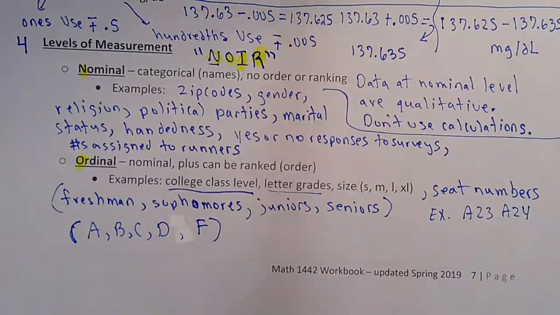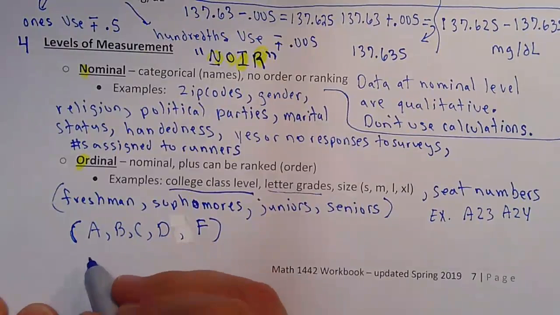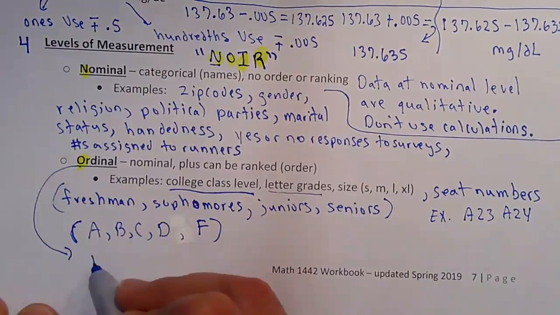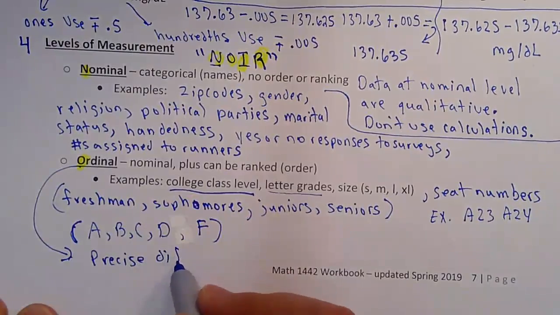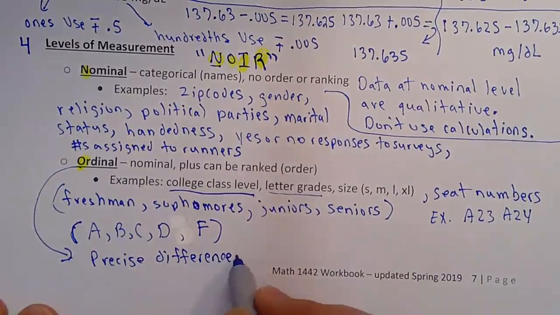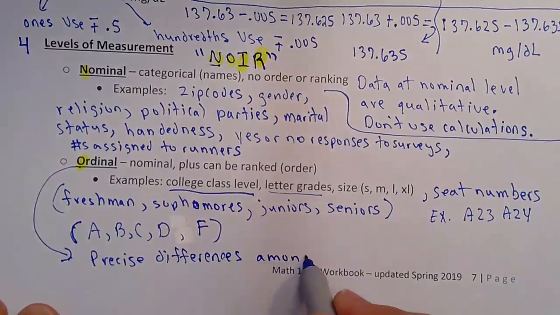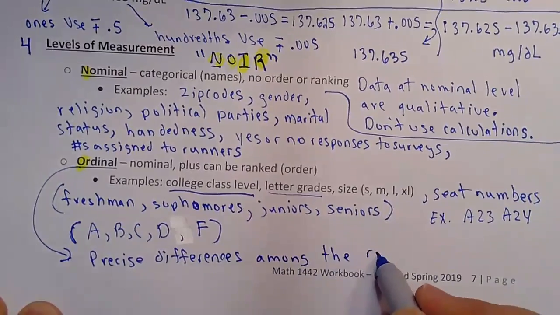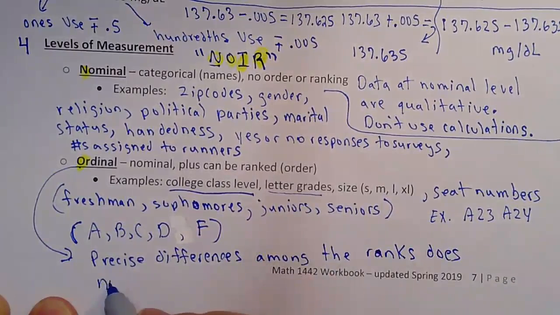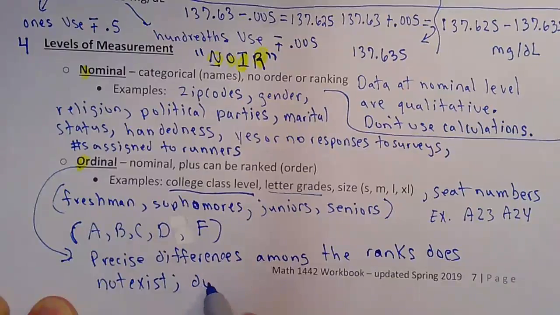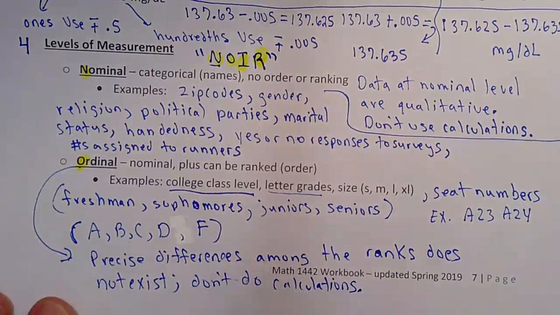Okay. And the book also says that with ordinal, precise differences among the ranks do not exist. So don't do calculations.